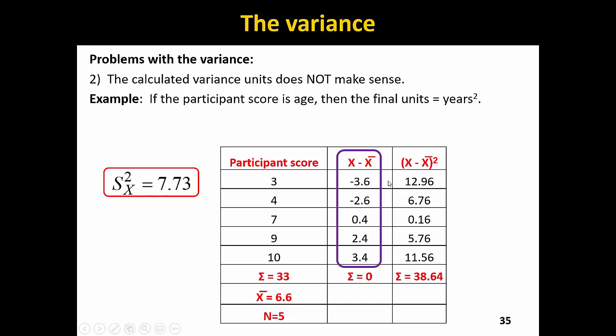But when we square that term, we not only multiply the number by itself, we also multiply the units by itself. And so the units in the far right-hand column, and the units for the 7.73, if this was a measure of age, would be years squared. So this makes no sense in terms of our research question.